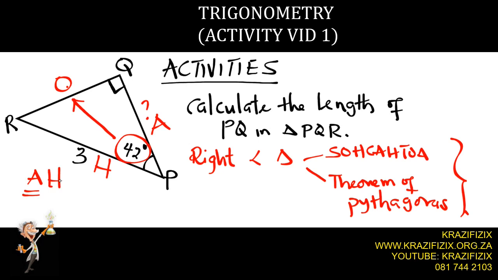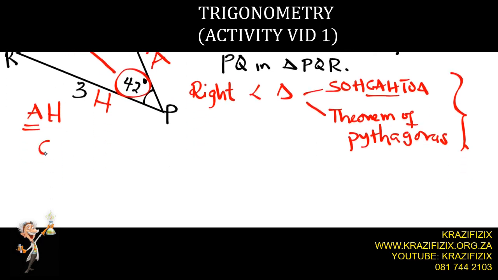This looks like somewhere SOHCAHTOA, which means I can then use cos. Let's start by saying cos theta, we write the ratio: adjacent over hypotenuse.